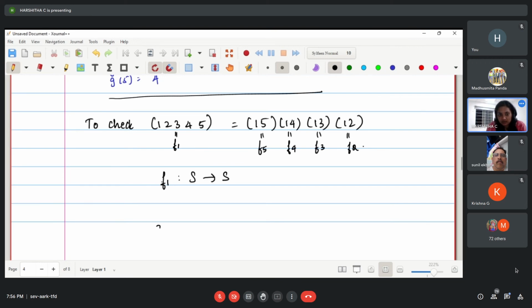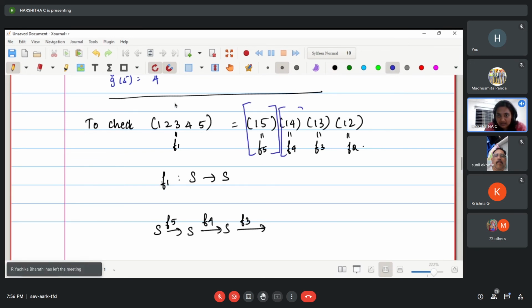So we have S to S, which is f5, S to S, which is f4, S to S, which is f3. So I'm individually seeing these as functions, just this as f5, this as f4, and so on.